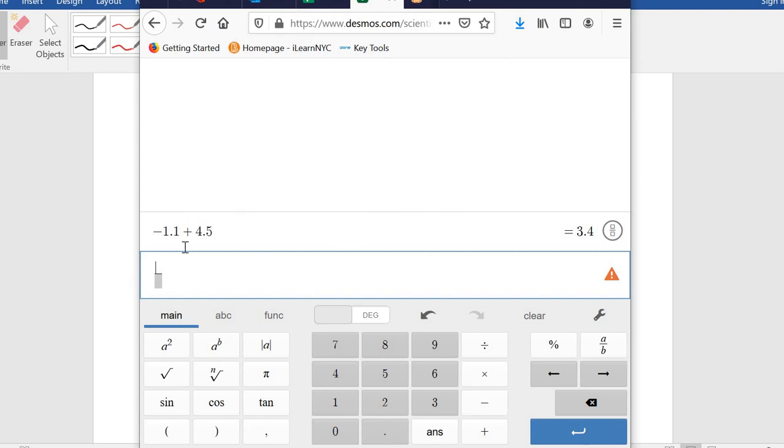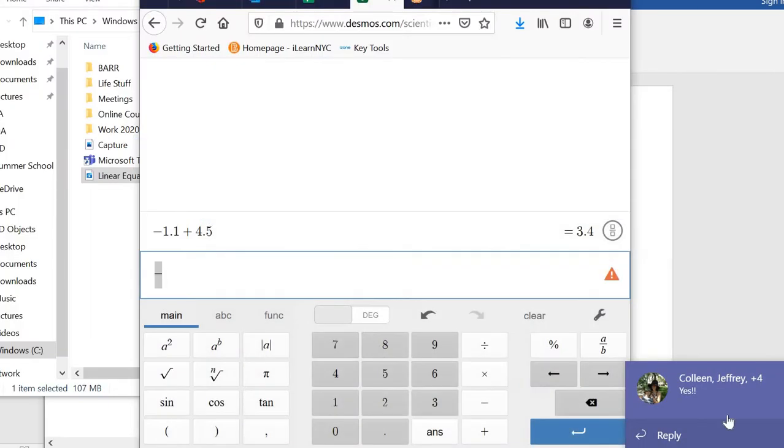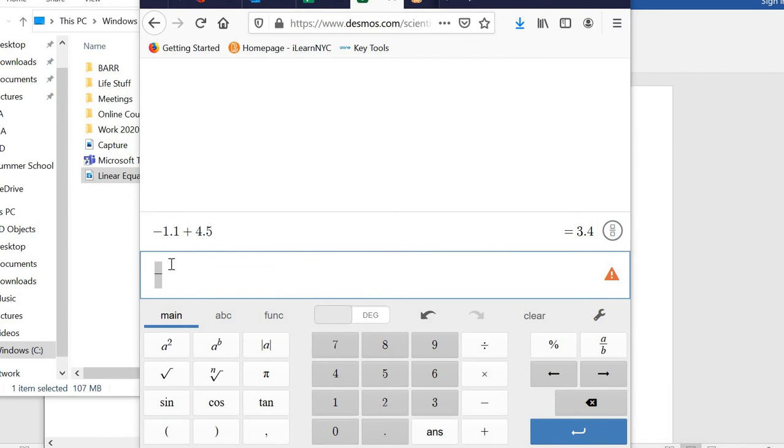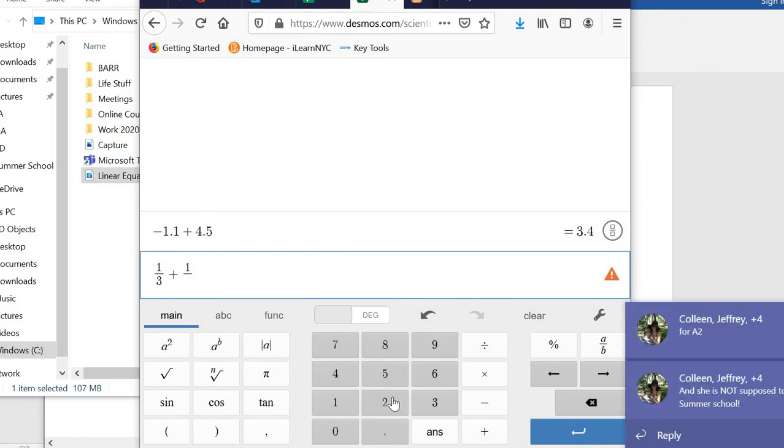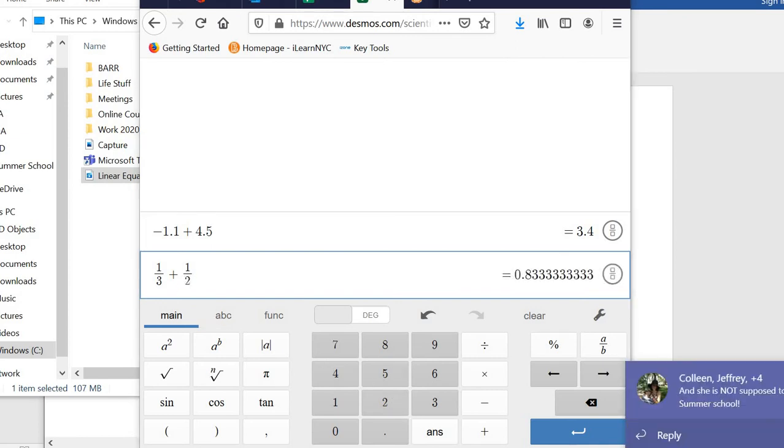So this is what I did in the last video, and here's the fraction that I just created, and I have to add 1/3 plus 1/2. So again, I hit AB and I hit 1 over, and notice how I just click here, 2.